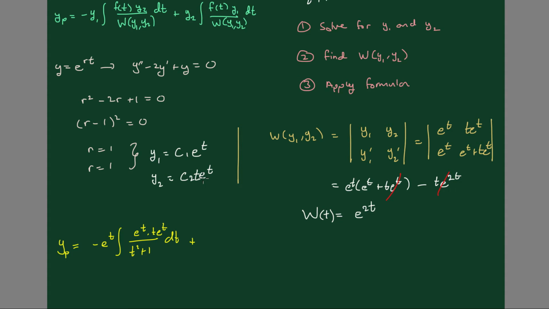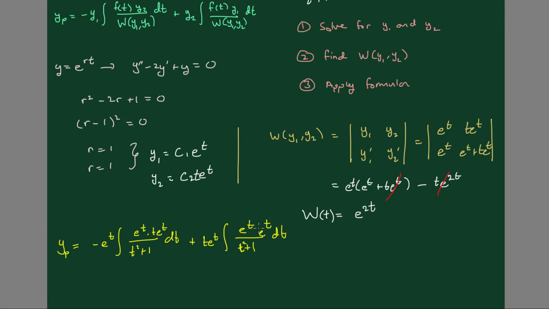So y2 is t e to the power t times our integral e to the t over t squared plus 1, and then multiplied by y1, right? The first solution, which is just e to the t dt.